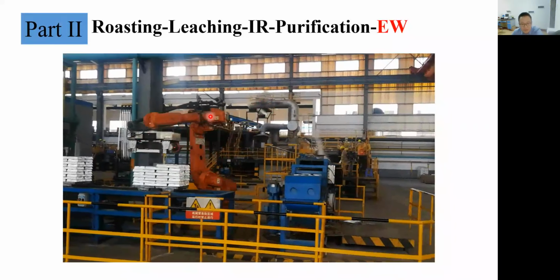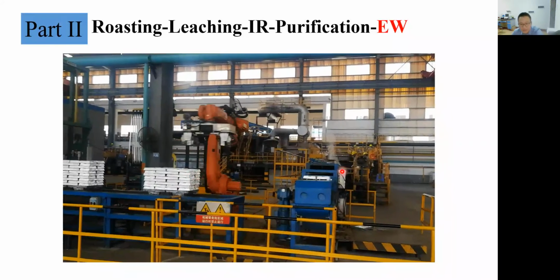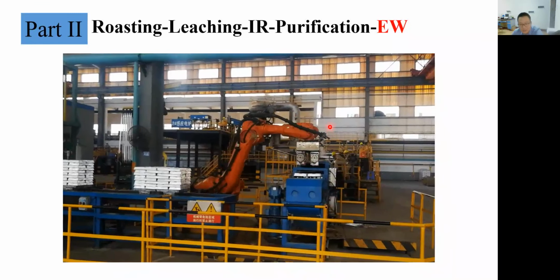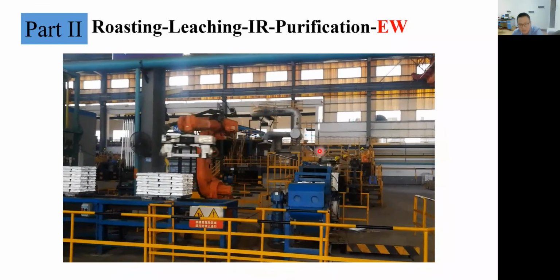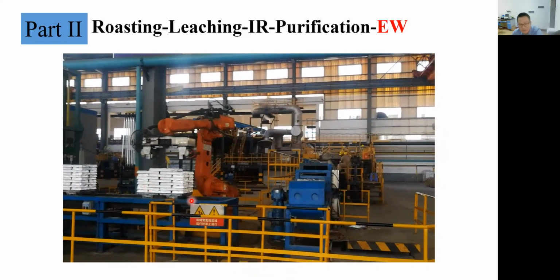So this is the robot arm, and those zinc are melted and cast and cooled down, and they can be moved in different or indeterminate weight. And this belt will transfer those zinc ingots to the next step.